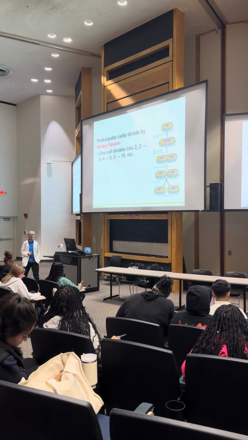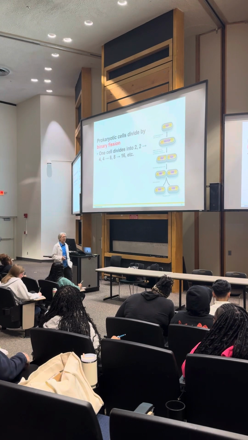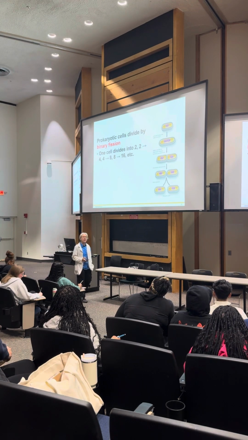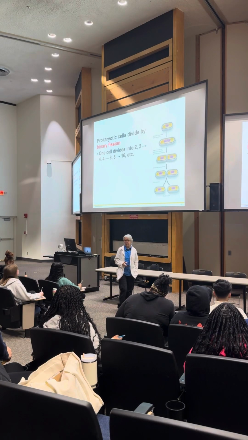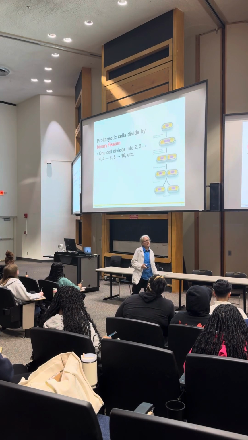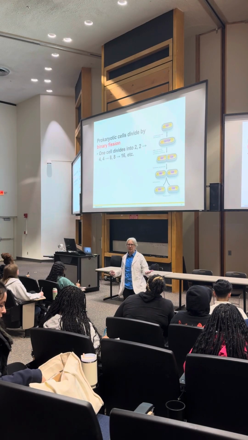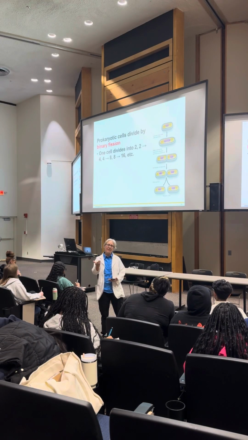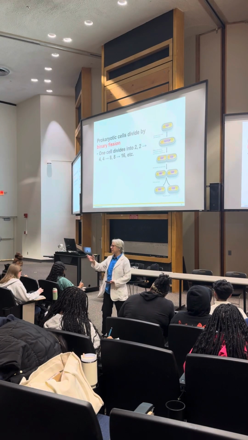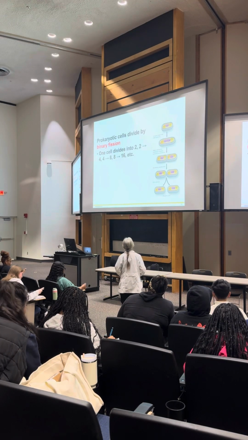So we have one cell that divides in half, and then we have two daughter cells. The two daughter cells are identical to the cell we began with. So this is a different kind of division than human cells or eukaryotic cells do. It's almost like cloning. You know the word cloning? Yeah. So you just take one cell, it divides, and they are identical.